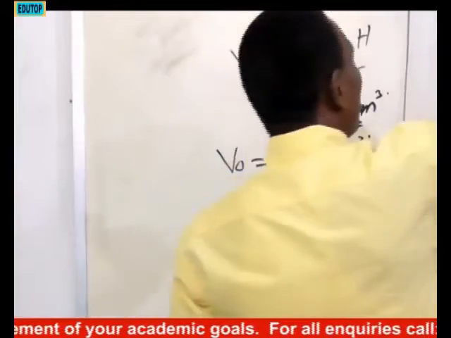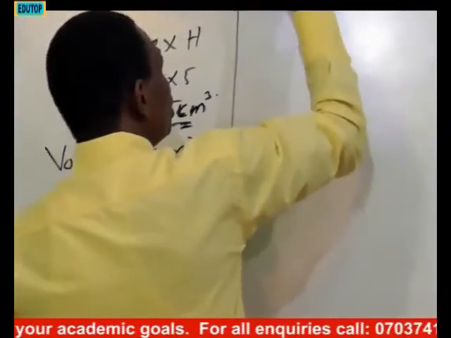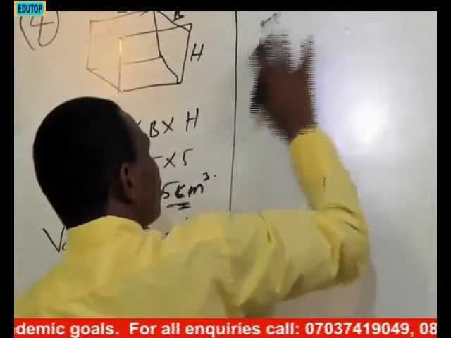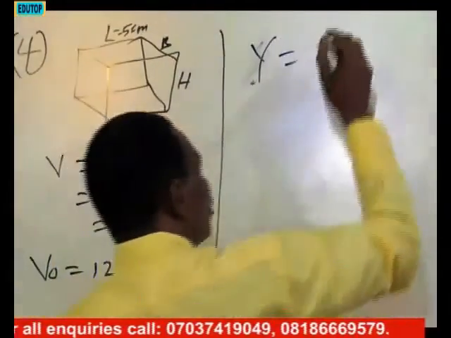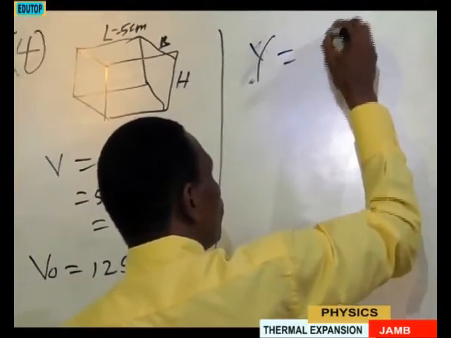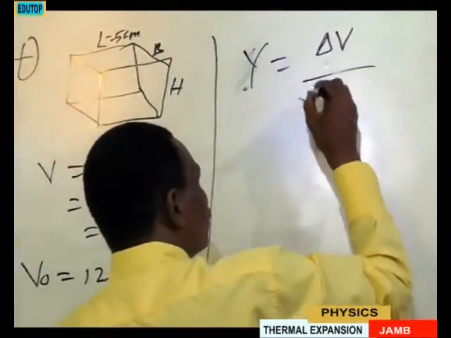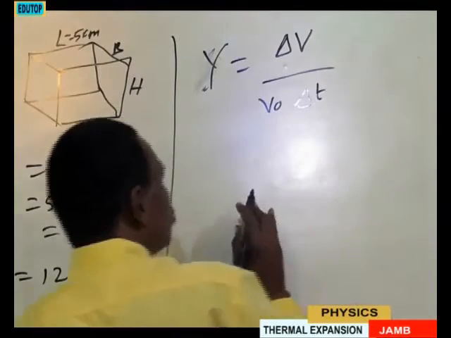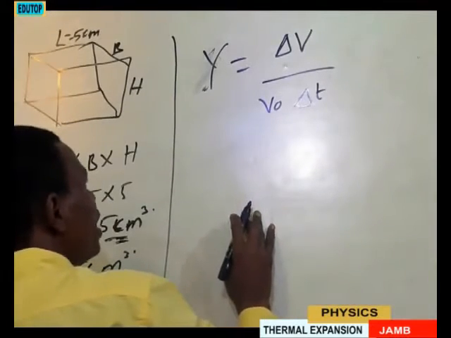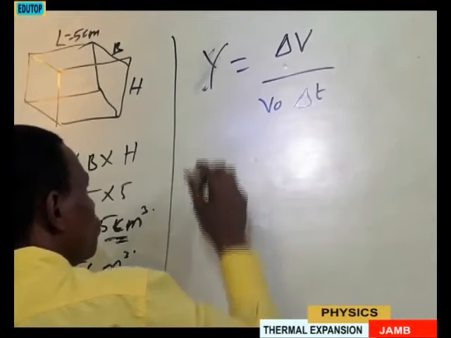Let's start from cubical expansivity. So cubical expansivity is equal to change in volume over original volume times change in temperature. We need the final volume.